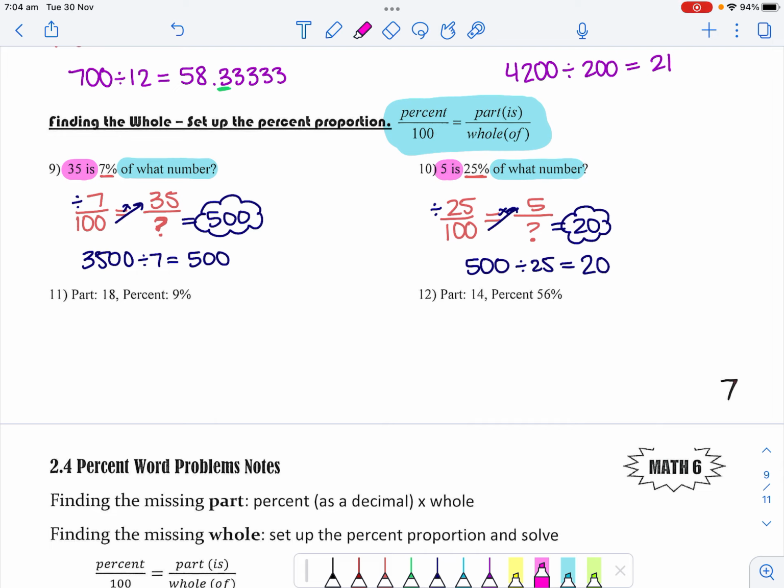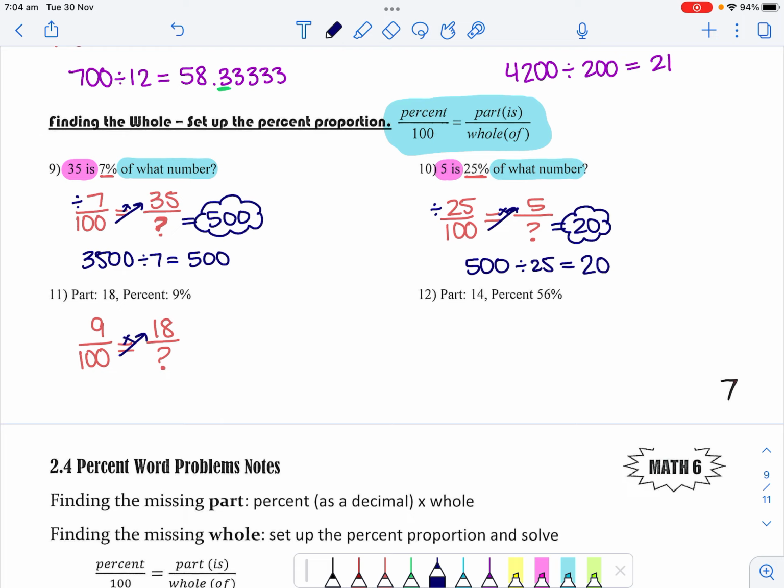For number 11, they tell you that the part is 18 and the percent is 9. So you don't have to figure out the is over of part. So we know that 9 over 100 is equal to 18 over my question mark.